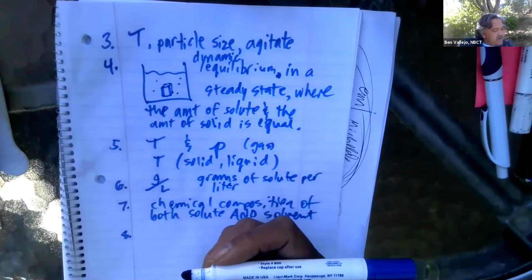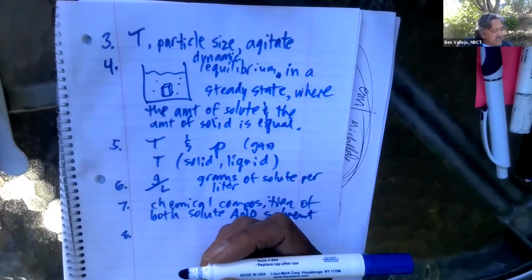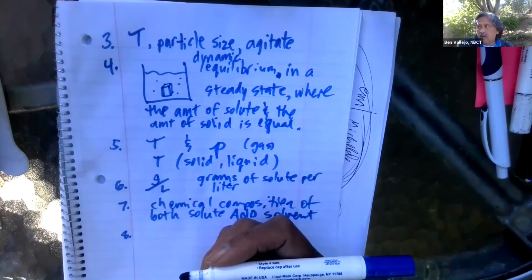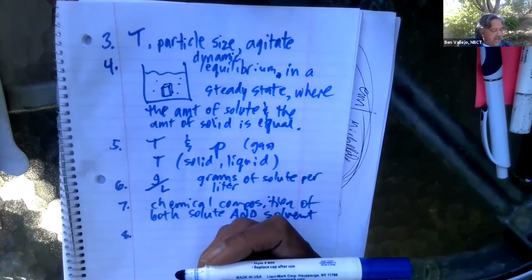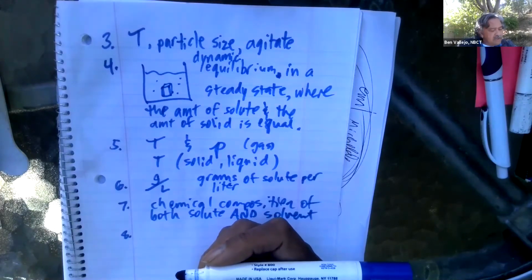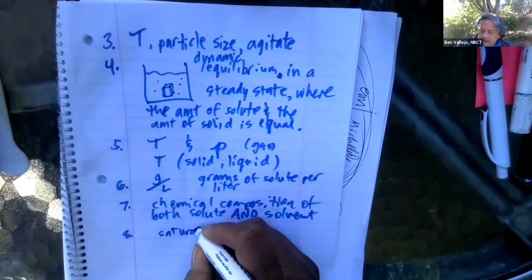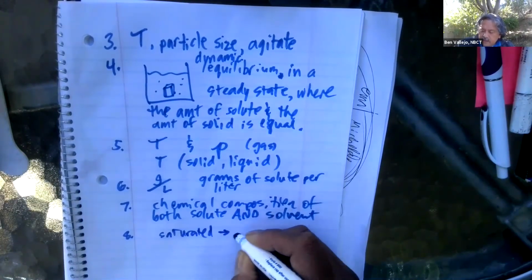Number 8, explain what you would do to change a saturated solid liquid solution to an unsaturated solid solution. Well, you can add a bunch of the solvent. So you're trying to go from saturated to unsaturated.